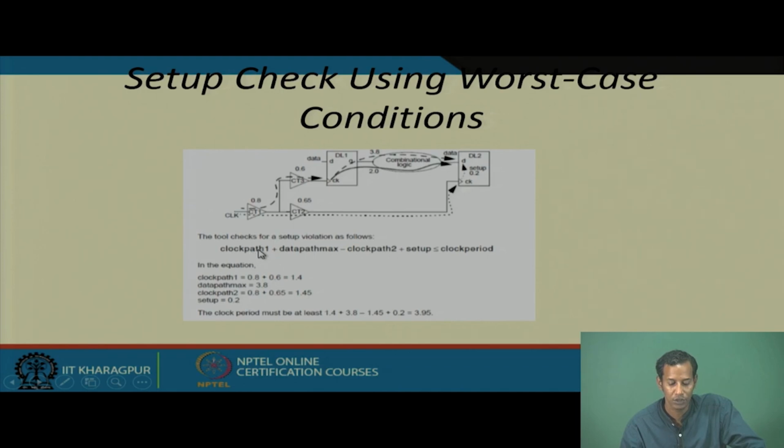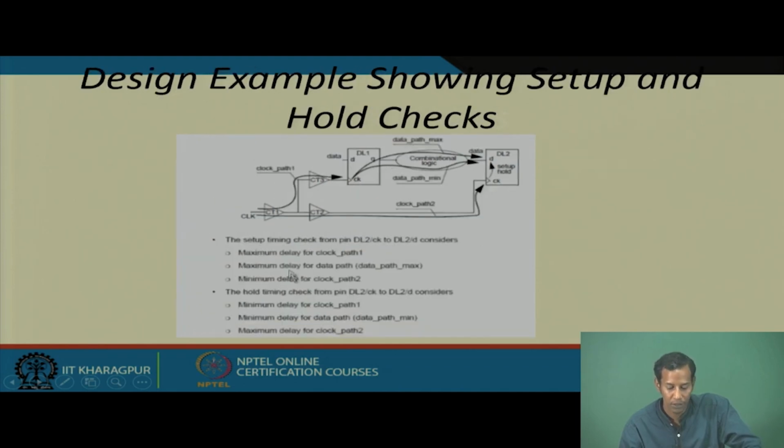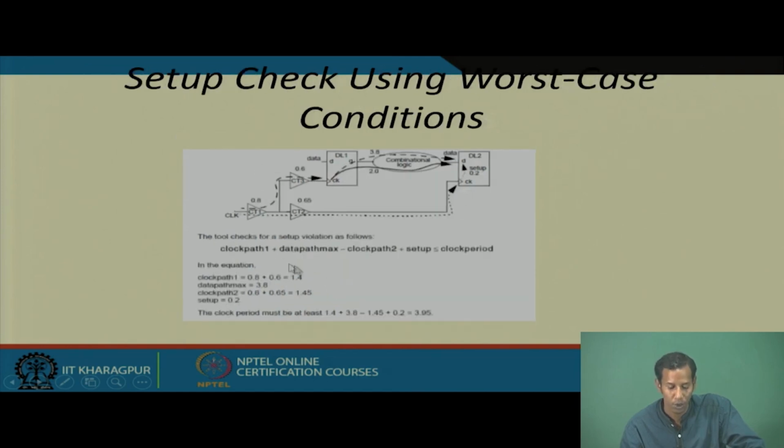The setup requirement checks the maximum delay for clock path 1, maximum delay for data path, and the minimum delay for clock path 2. So, clock path 1 plus data path max minus clock path 2 plus setup should be less than the clock period.